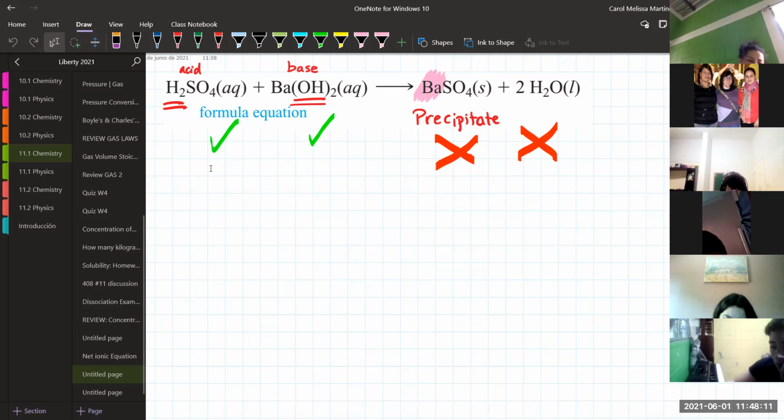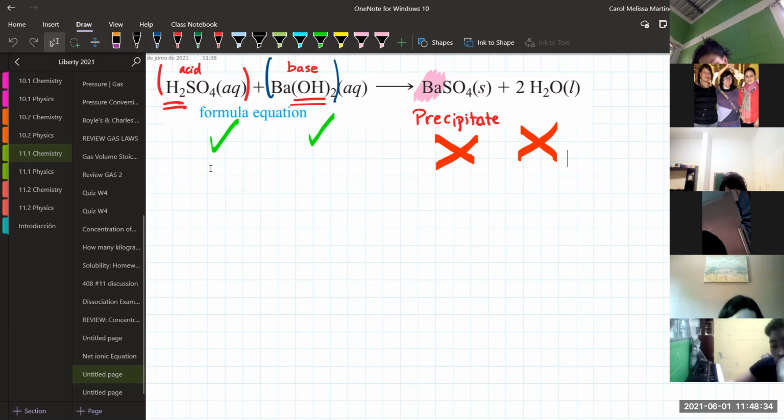So only those that are aqueous are the ones that you will dissociate. I'm going to be using colors for this. I'm going to be using red for my acid, and blue for my base. So I'm going to write the dissociations of each.